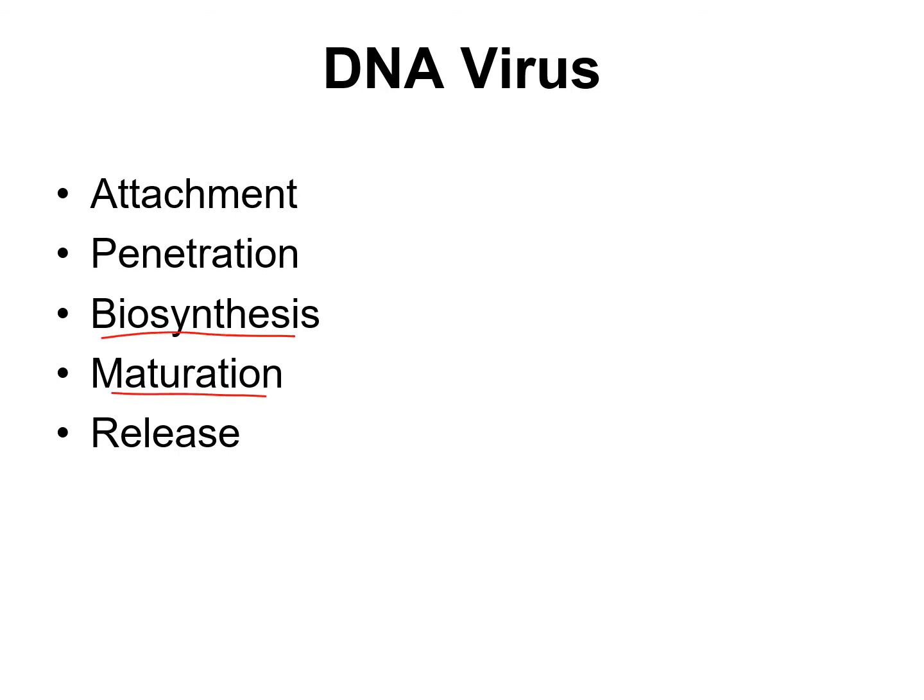If the only information you have is that the genome is DNA and you don't know if it's a naked or enveloped virus, then you won't have any information about how it attaches, penetrates, or releases. But you will have information on where biosynthesis takes place and where maturation takes place.